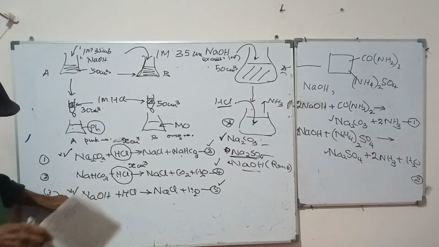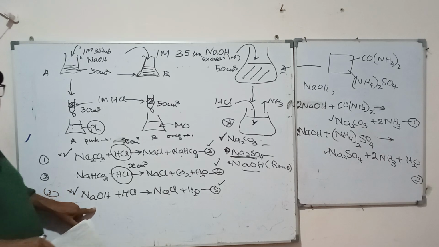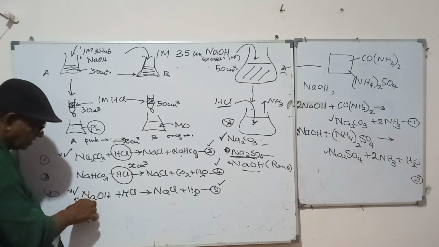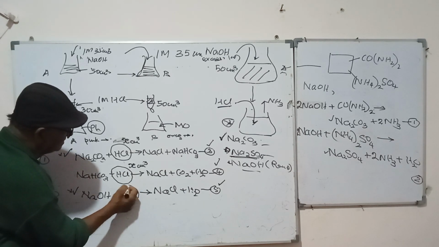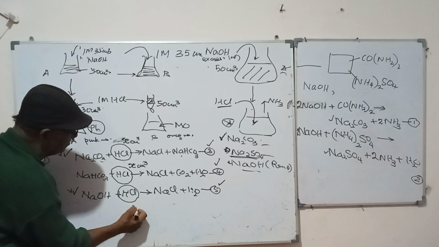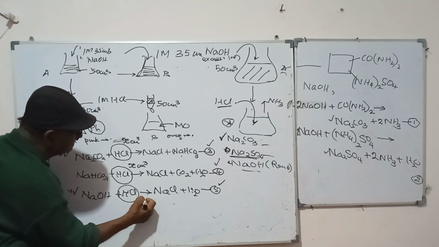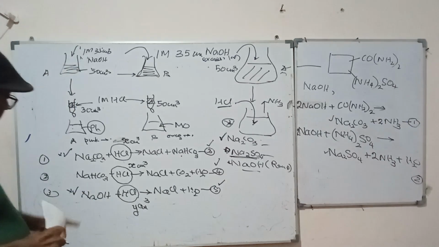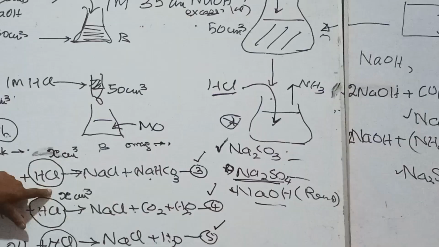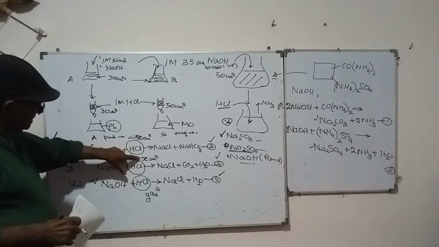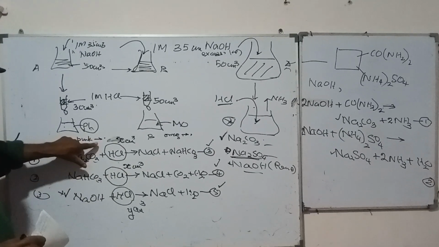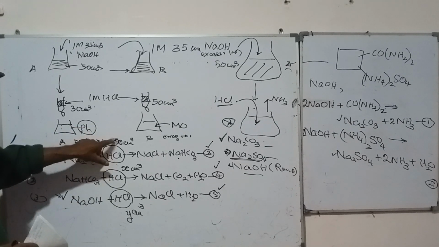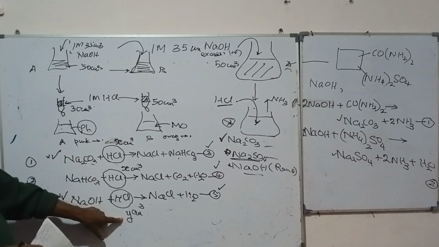But this is another new example. It is not the same for these two, so that amount of HCl is given as y cubic centimeter. If we assume the volumes of HCl for the first one is x cubic centimeter, the second one x cubic centimeter, both the same, and the third one y cubic centimeter.